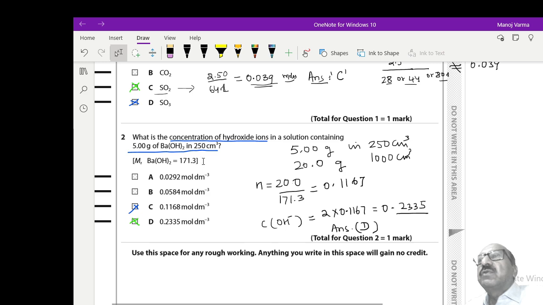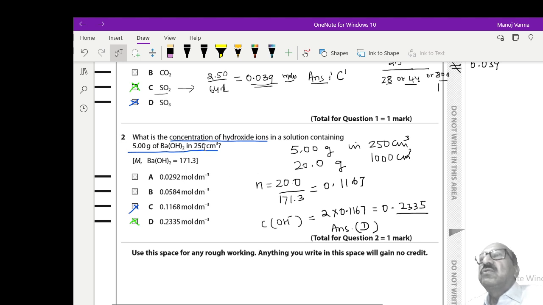Now you have to first notice that all these values are in the units of dm cube, whereas this is centimeter cube. So you have to convert the centimeter cube to dm cube, and so it's mole per dm cube. A dm cube is 1000 centimeter cube.